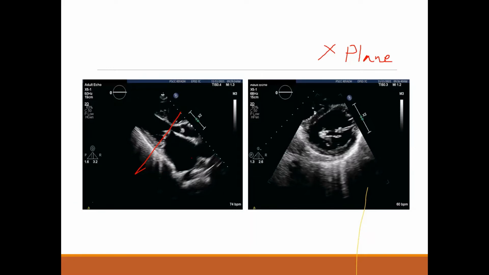Now the other thing is, when we are tracing the area, we also have to trace it in the right frame. That's important. Sometimes people scroll until the valve opens and they measure it and it is 1.92 or something, and no, you have to know exactly where to scroll to open it in diastole without missing the valve.